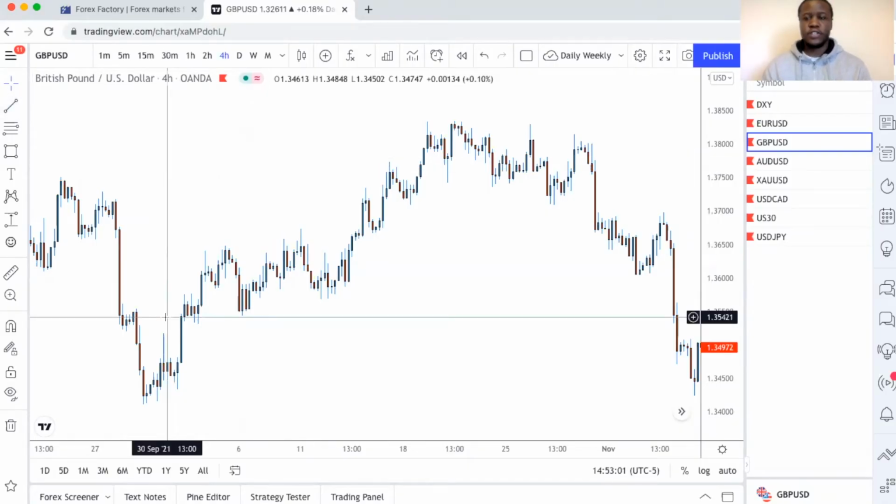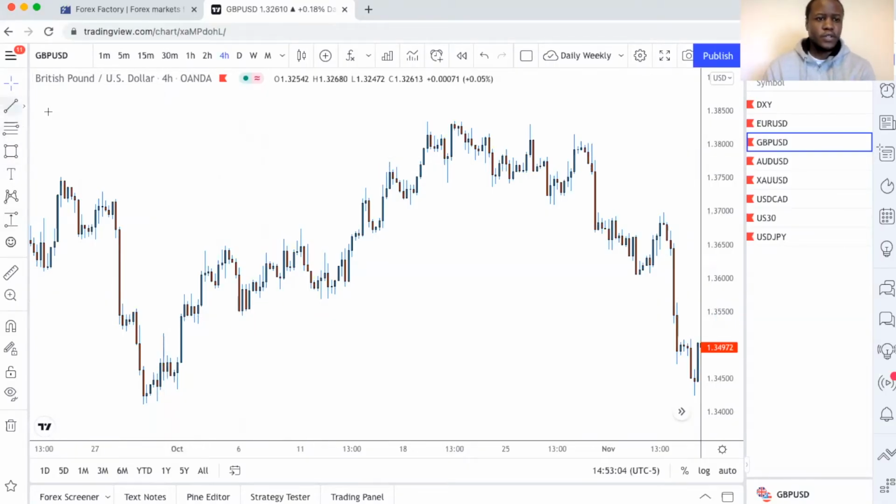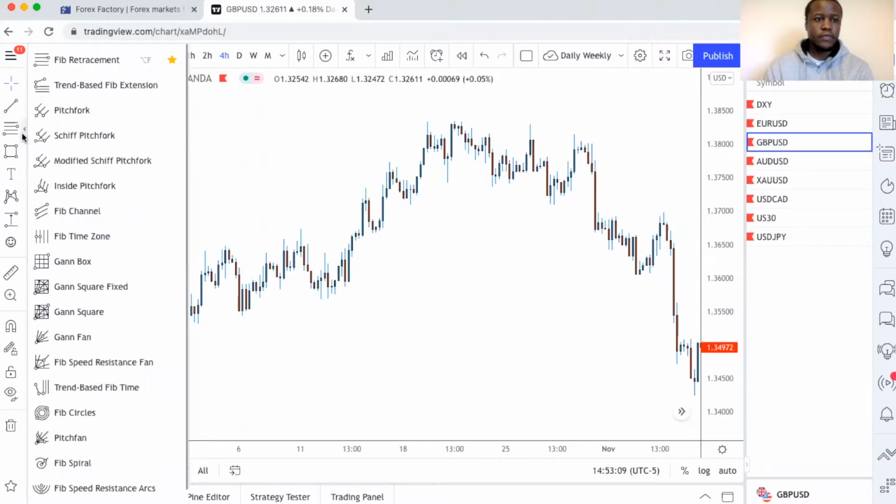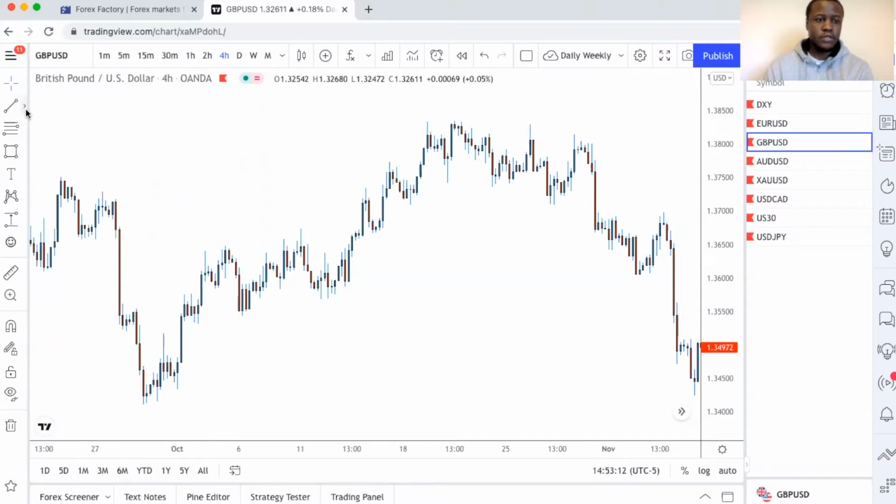Okay, with market structure, you want to focus on the swing points. So the swing points usually have something very in common. It has a lower high on each side when it's on the upside and about to go down.